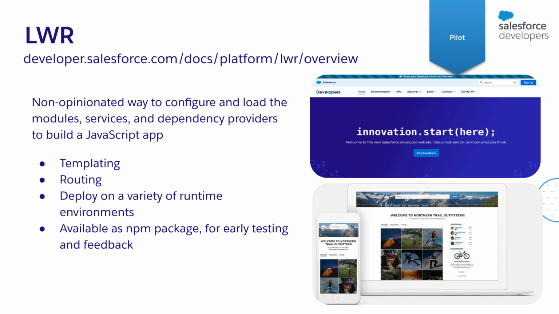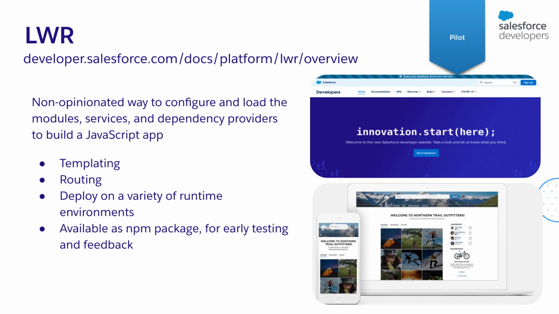So Experience Cloud sites are powered by Lightning Web Runtime. This is LWR. But what we are piloting now is the ability to use Lightning Web Runtime outside of the platform to power your own static sites or your own single page applications.